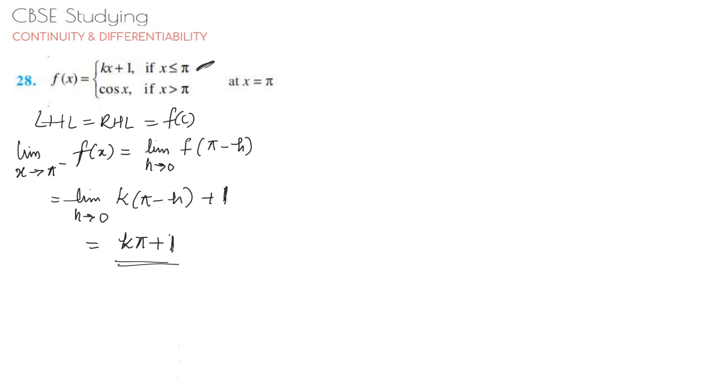Okay. Now, in this case, f of c is not going to be beneficial for us to do. So I'm going to do RHL value. Okay. Because f of c is also equal to kx plus 1. So RHL is equal to limit x tends to pi plus f of x, limit h tends to 0 f of pi plus h.